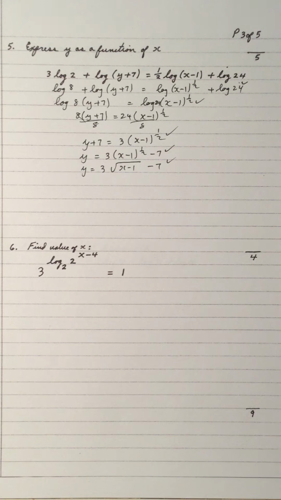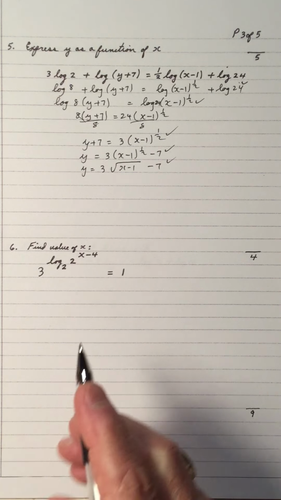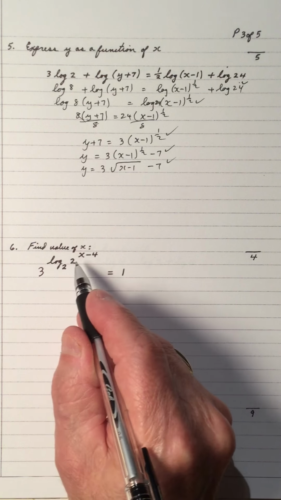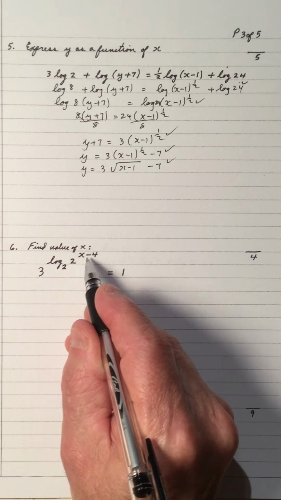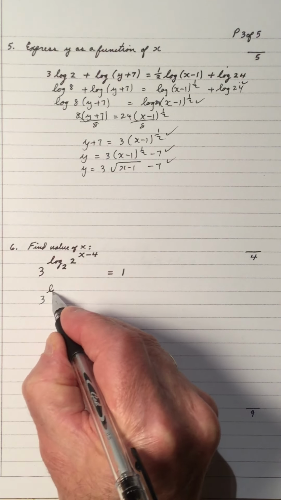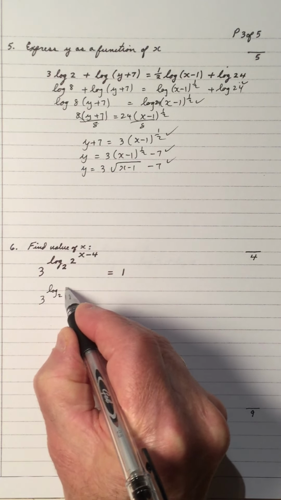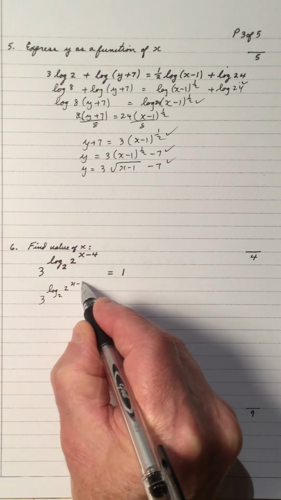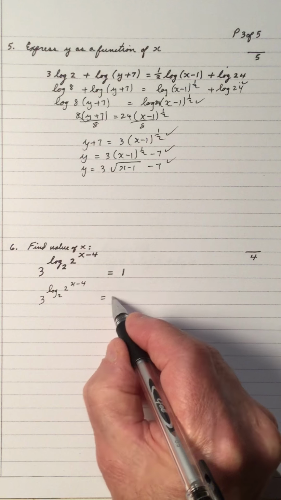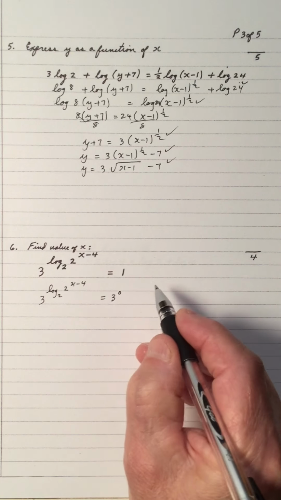Number 6, find the value of x. So we got 3 raised to the power of log base 2 of 2 to the x minus 4 equals 1. That means 3 to the log base 2 of 2 to the x minus 4, and since that base is 3, 1 is understood to be 3 to the 0.